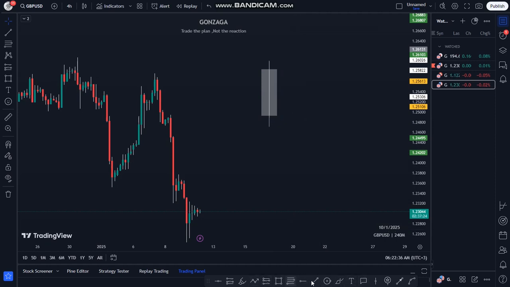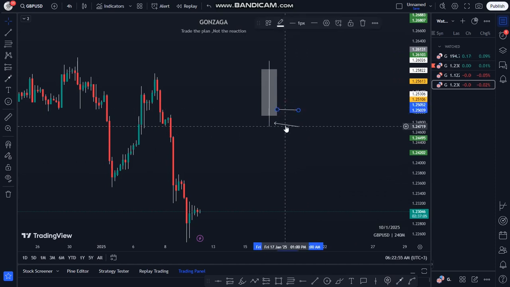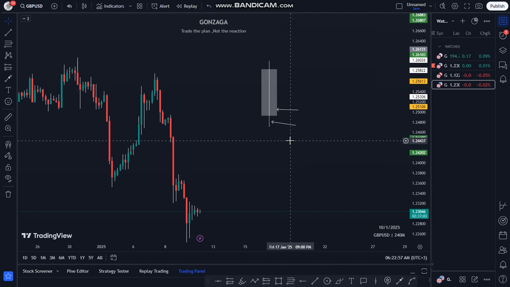So as its anatomy or its body or its figures, we always call this a body, and we always call this a wick. So these candles always leave information that tells us what price is actually doing.